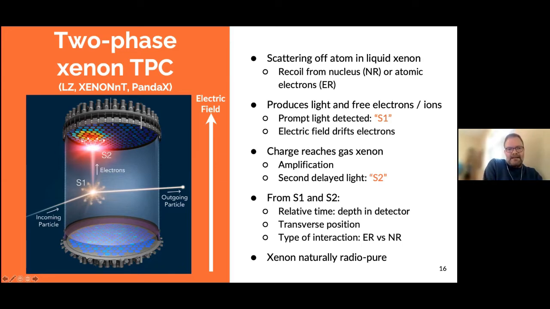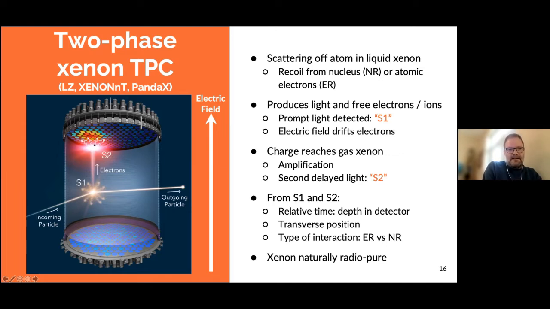Okay, now this nice signature is really useful in suppressing backgrounds, because this is what we expect from a dark matter interaction, or from a nuclear interaction, if you want, a nuclear recoil. This also helps us because we can measure the time at which these signals arrive.